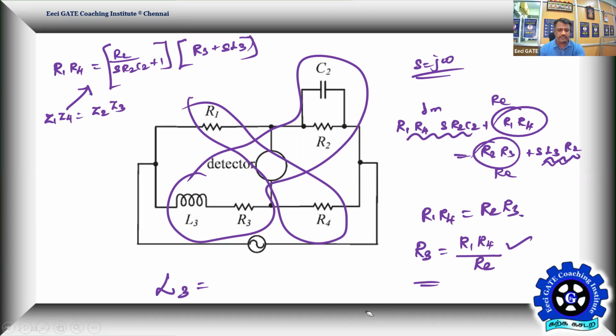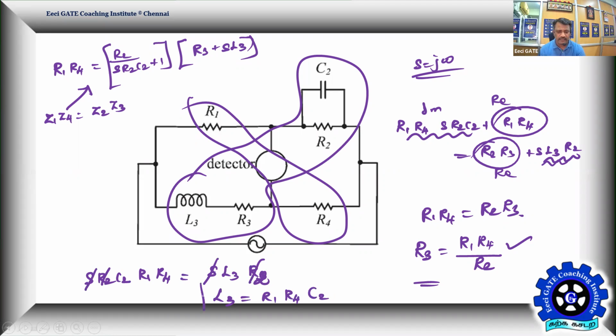L3, if I check it here, then what is the balance? Because that L3 demands R3 as well. So if I compare these two, then it is going to be R2, C2, R1, R4 equal to L3 into R2. So R2 will get cancelled. Then L3 is equal to R1, R4 and C2.